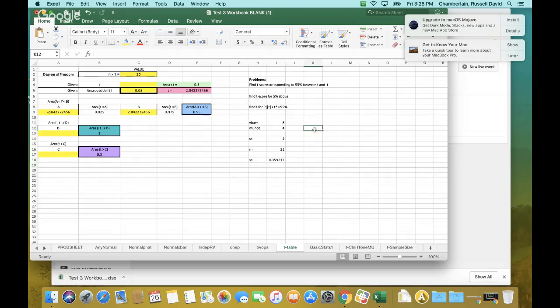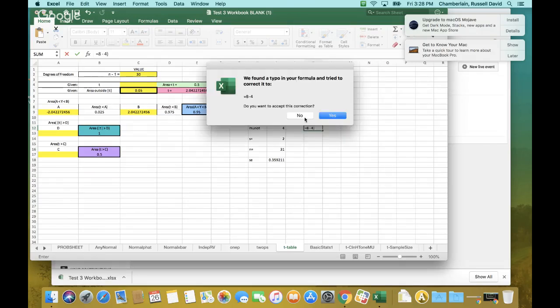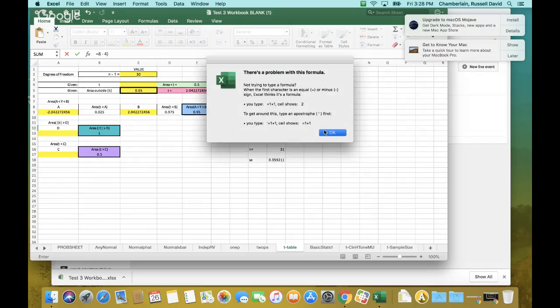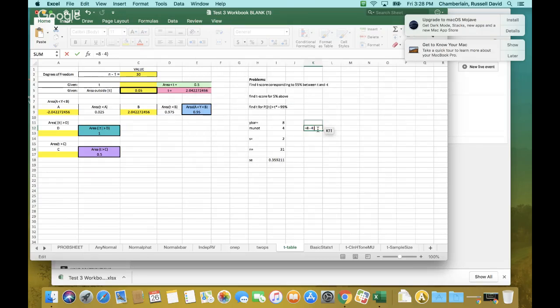So if I wanted to compute a t-score here, I could go y bar 8 minus mu naught 4, so that's my null hypothesis thing. Good idea here to add parentheses. Okay, divided by my standard error. Huge z-score, right?